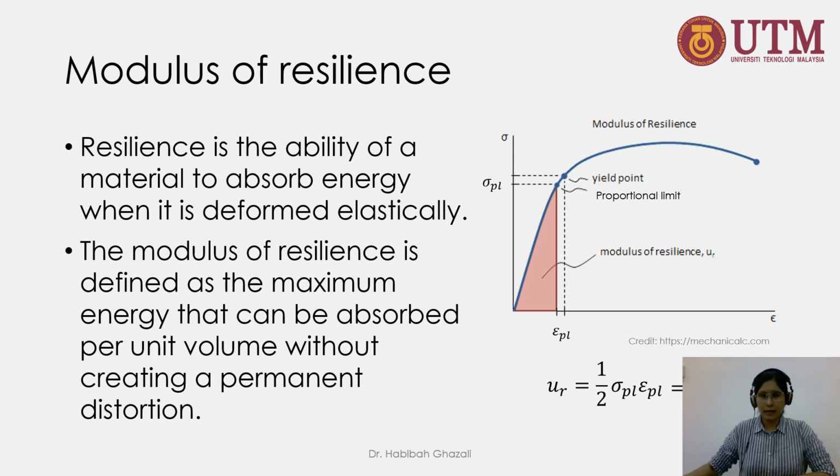You can calculate the modulus of resilience by calculating this area that I shaded in red here. This is the area of this triangle, which is equal to this one. And using Hooke's law, we can relate that with the Young's modulus. So this one is equal to stress squared divided by the Young's modulus. So you will get this equation here to calculate the modulus of resilience.